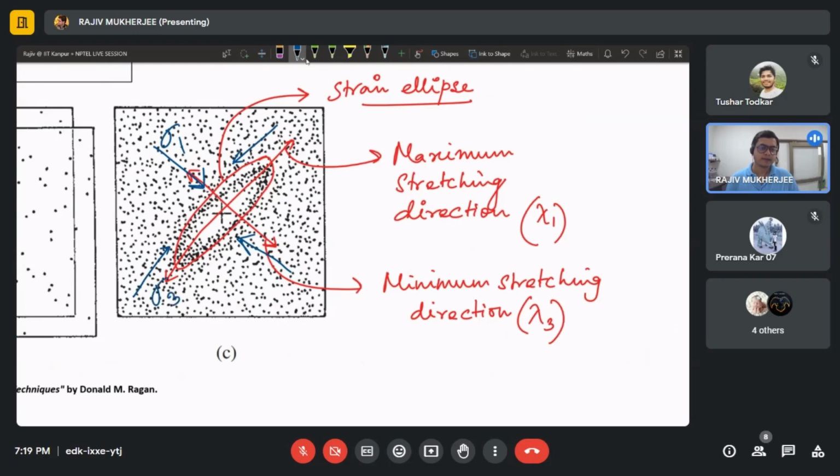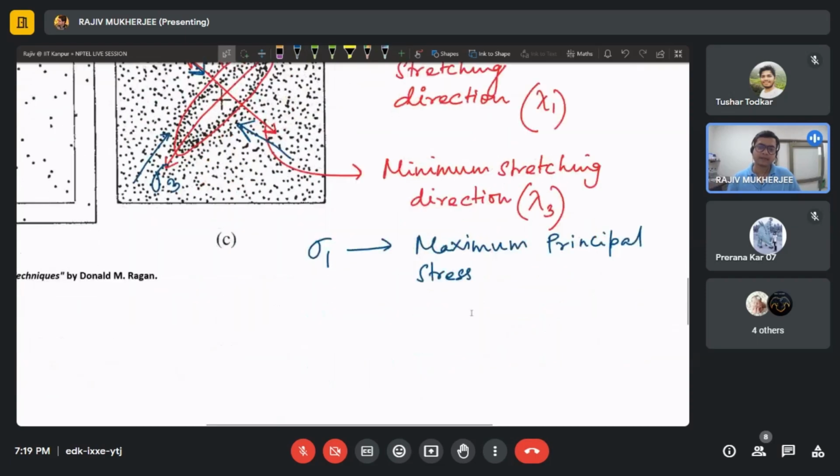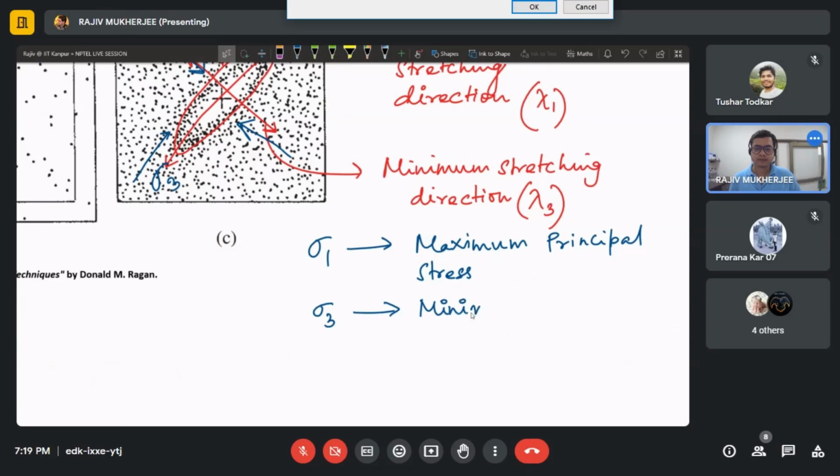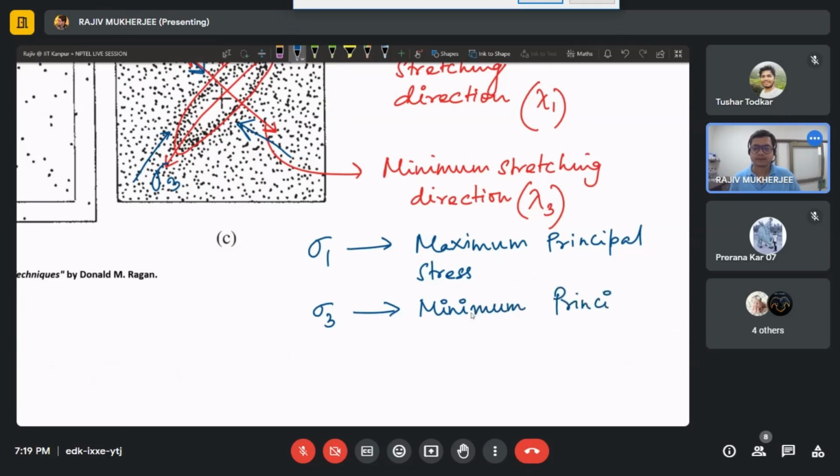So sigma 1 is the maximum principal stress, and sigma 3 is the minimum principal stress, right?